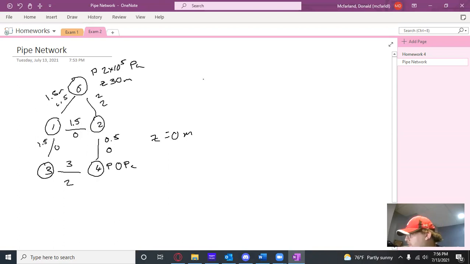And so to do that, we have our frictional heating equation, where it is the outlet minus inlet of pressure over rho for density, plus the change in Z times gravity, is equal to negative frictional heating.